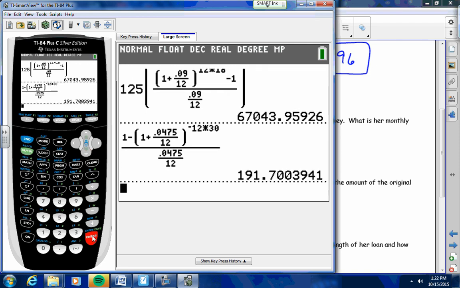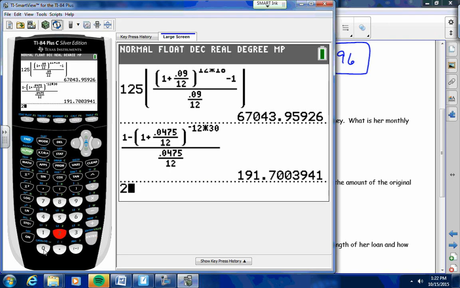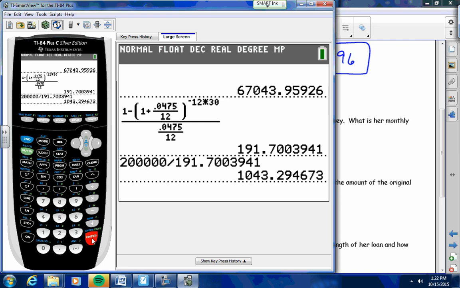Now, that's only on the other side that's multiplied times R. And I have that set equal to 200,000. So to solve for R, I need to take 200,000 divided by that number we just found. Enter.